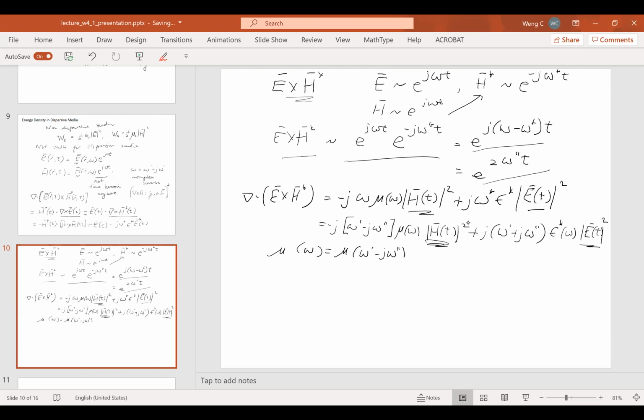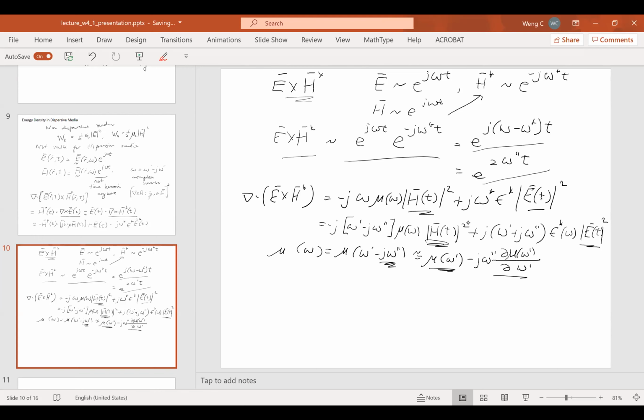And that I can Taylor series expand this and say that this is approximately equal to mu of omega minus j omega double prime, okay? And by the Taylor series expansion theorem, this would be just equal to that. I'm just doing a Taylor series expansion, assuming that this is small. This is the leading term, this is the first order term.